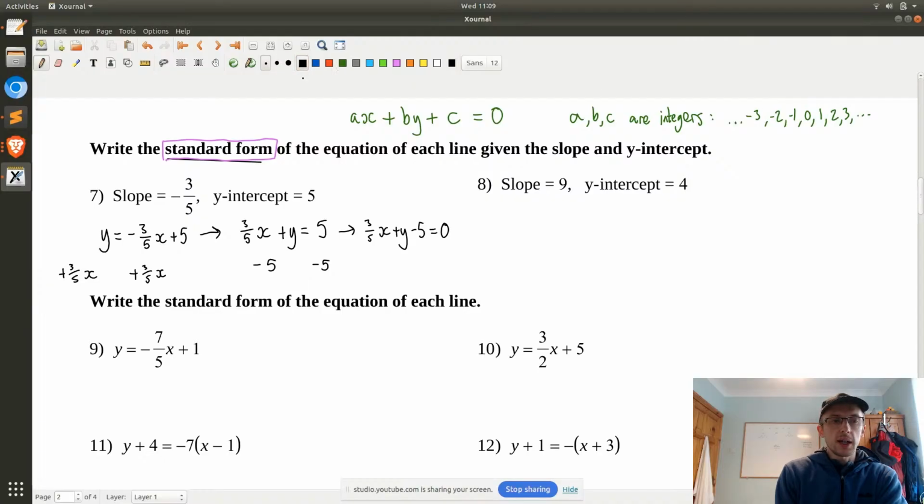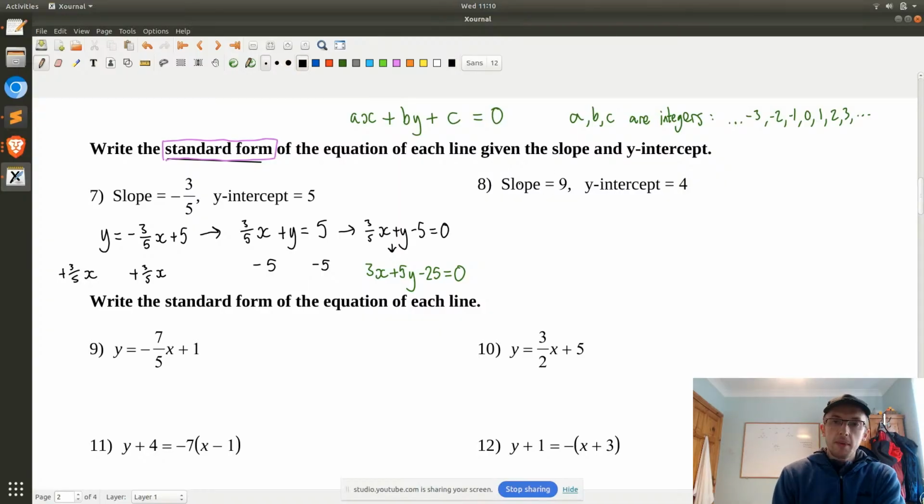How can we achieve that in this case? Multiply everything by 5. Multiply everything by 5. So 3/5 of x becomes 3x. Just y becomes 5y. And negative 5 becomes negative 25. Good. That's the answer.